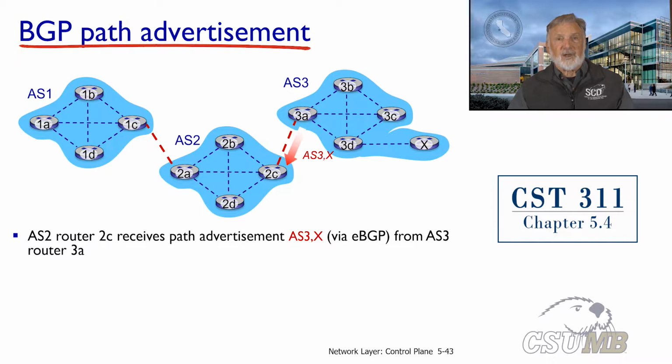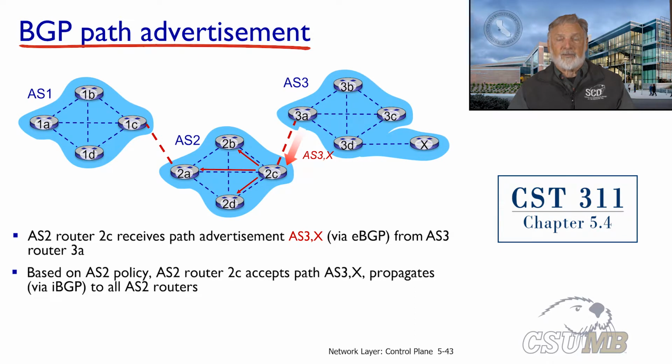The ISP that operates AS2 has defined a policy that states that AS2 will accept the advertised paths from AS3. So, router 2C receives the AS3 advertisement for the path for router X and propagates that path via internal BGP to all the routers in AS2.